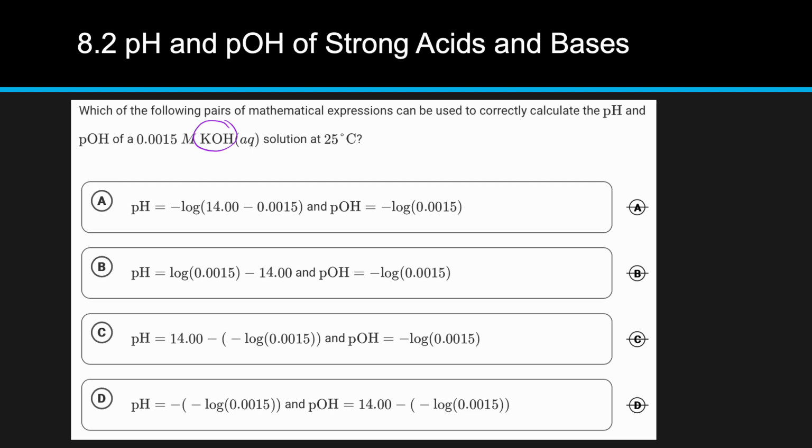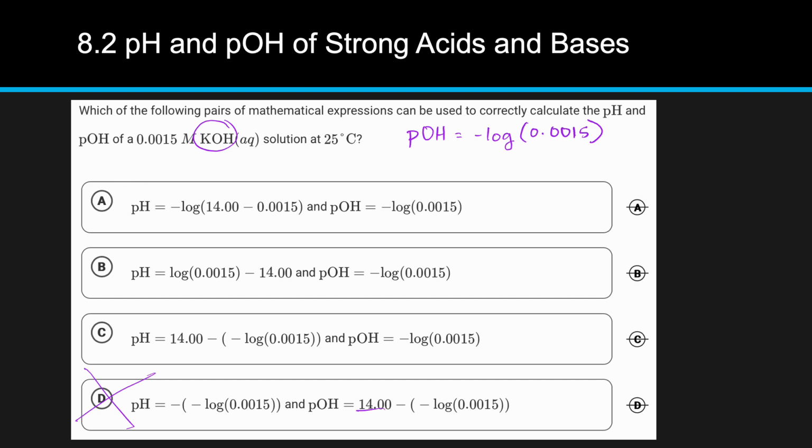So calcium hydroxide fully dissociates, so it's going to be the same concentration of hydroxide ions.